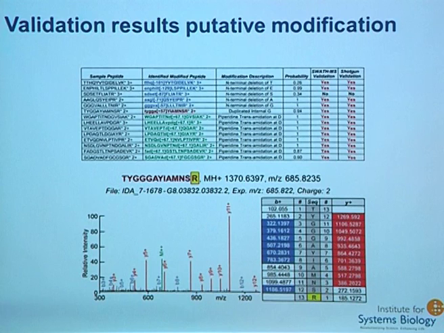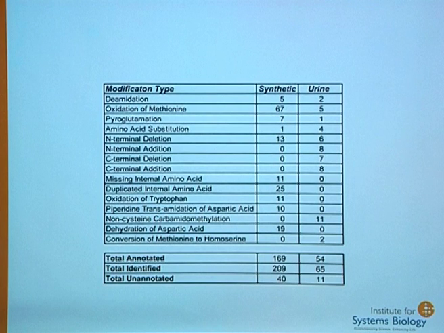What we did with the synthetic peptides is we had about 1200 of these pooled together and analyzed. And so if you have here a deamidation of a particular peptide, we knew that must have happened in the tube where the peptide is.